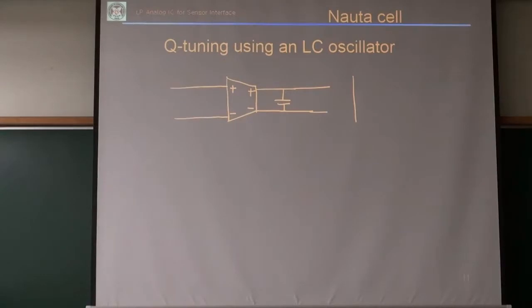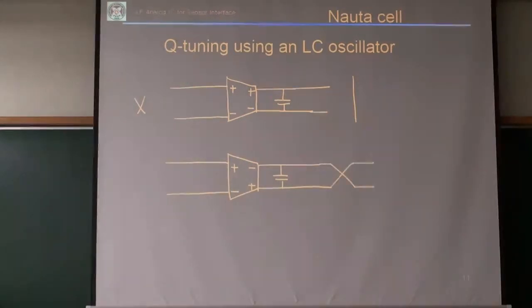Okay. Let me redraw this thing. Plus minus minus plus, okay? And then this is my input, and then here I'm crossing this thing to generate, actually, this is a non-inverting version. Plus, minus, minus, plus. Okay. And then this thing is connected to there.